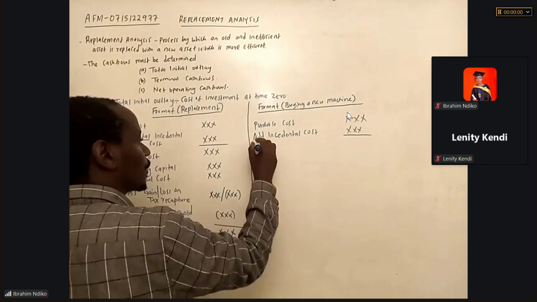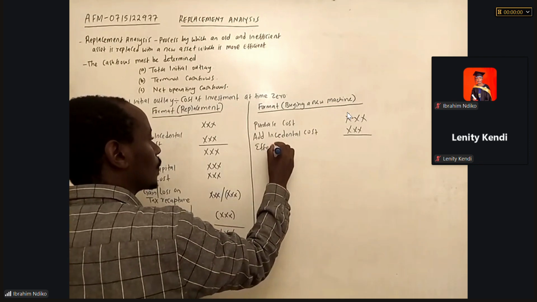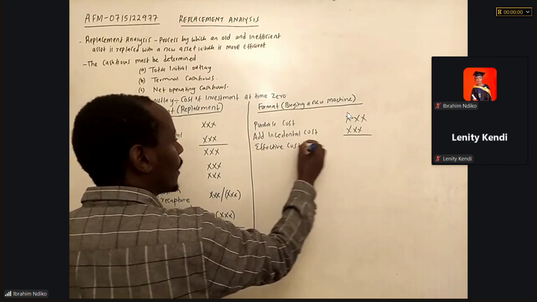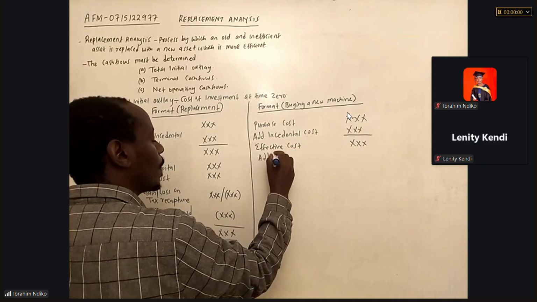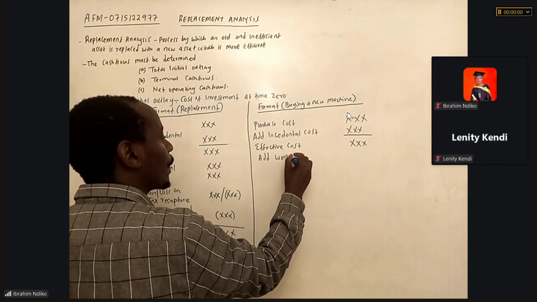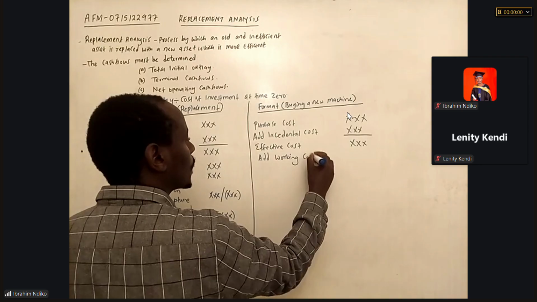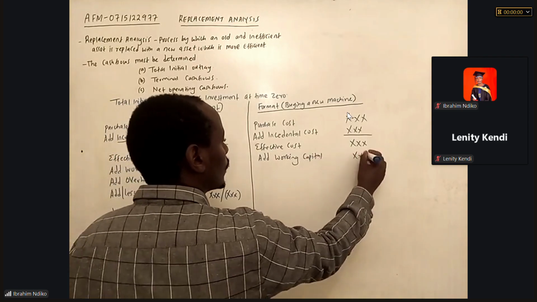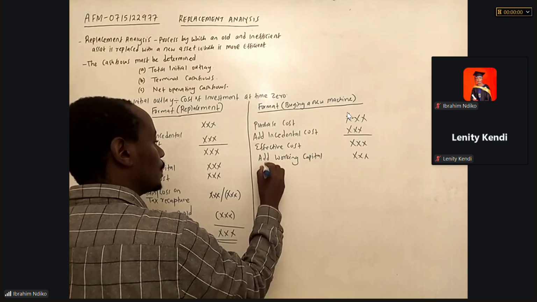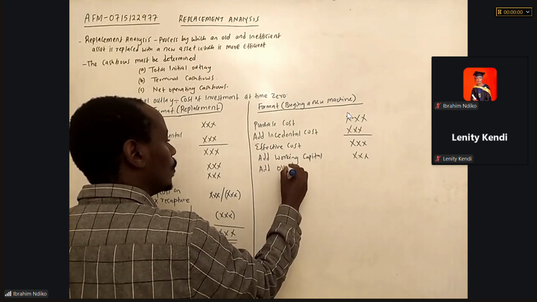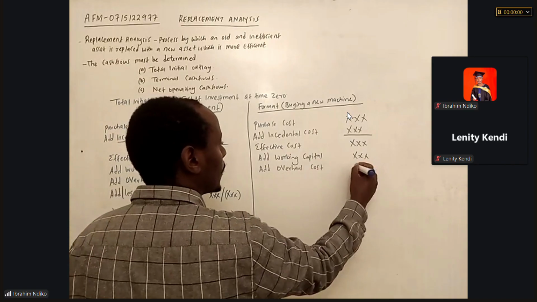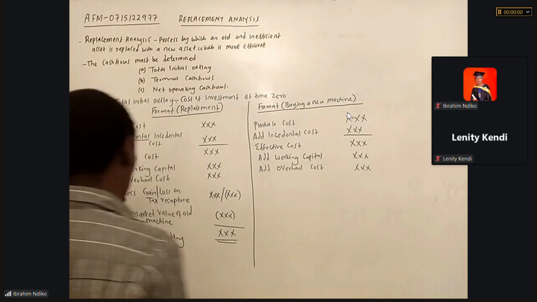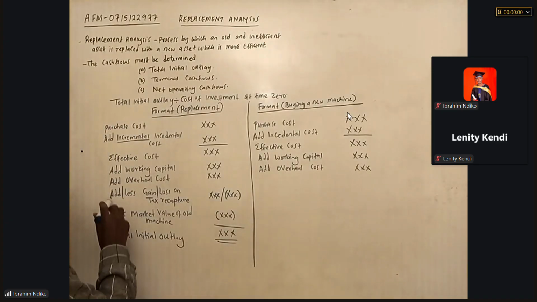Then you shall get what we call the effective cost. Then we add working capital, then we add overhead cost. Now the rest, these two items will not be there.